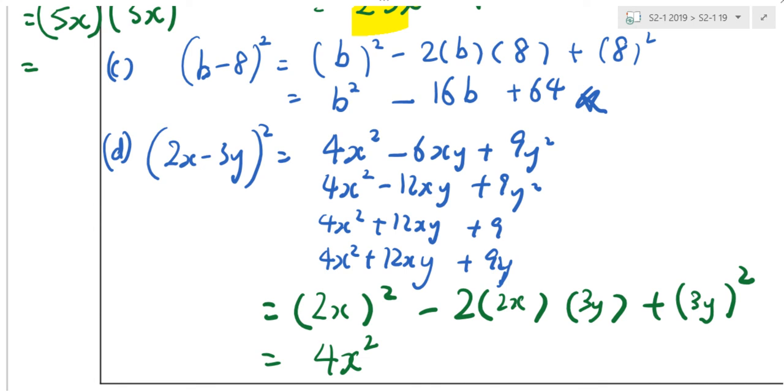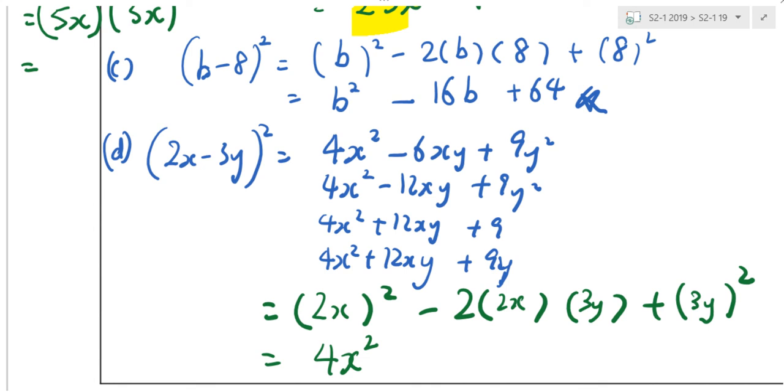Okay, Orlando's question, listen. What is 2x plus negative 3y squared? This is still 2x minus 3y squared. Same. Okay, let's continue the question and see which of the four is correct.